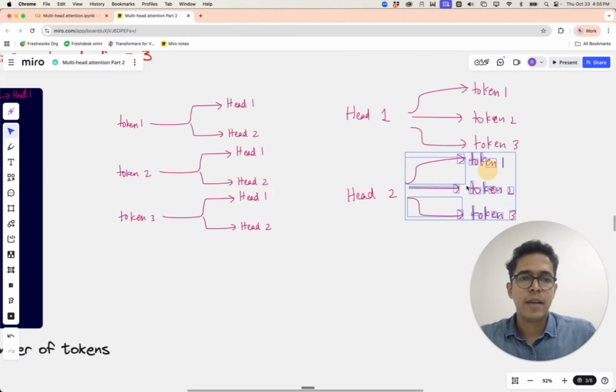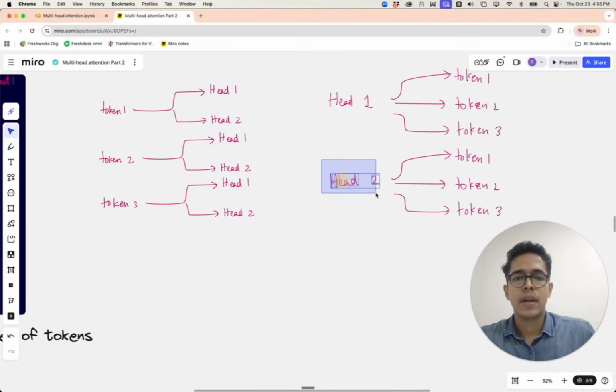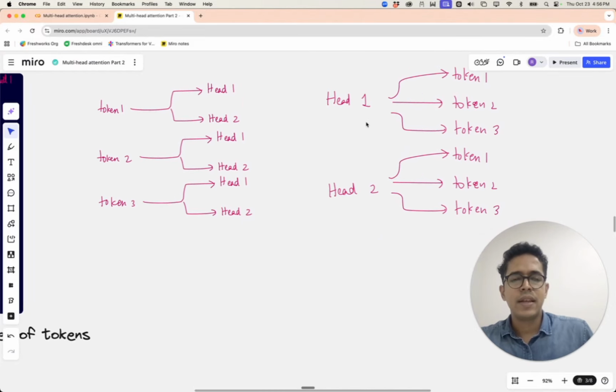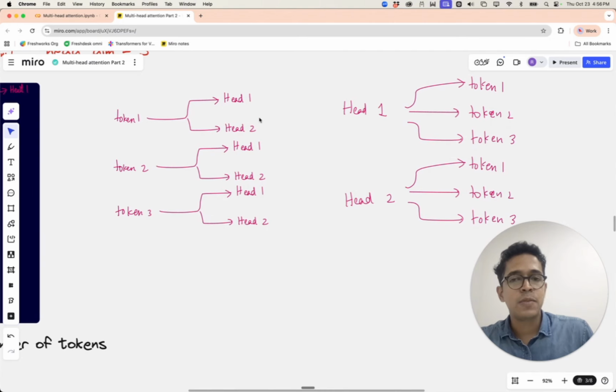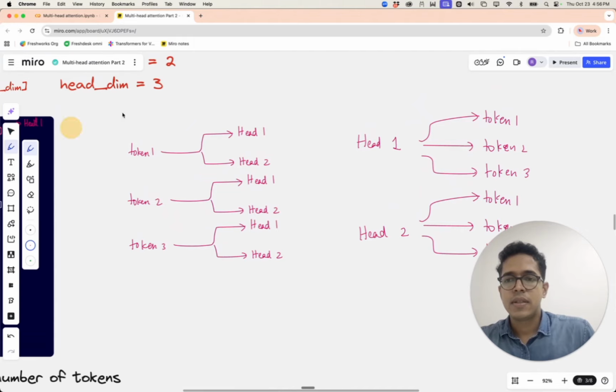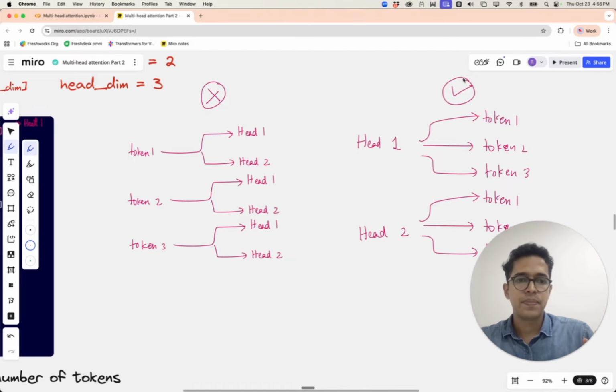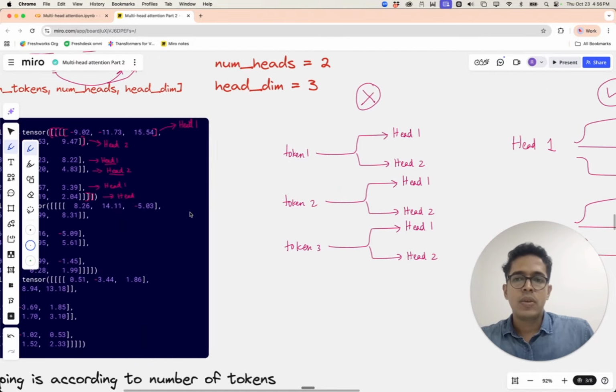And same 3 tokens also go to head 2, right? So it will be nice if we had these tokens grouped based on heads rather than heads being grouped into tokens. So instead of this, if we had this, it would have been better. So how can we do that?